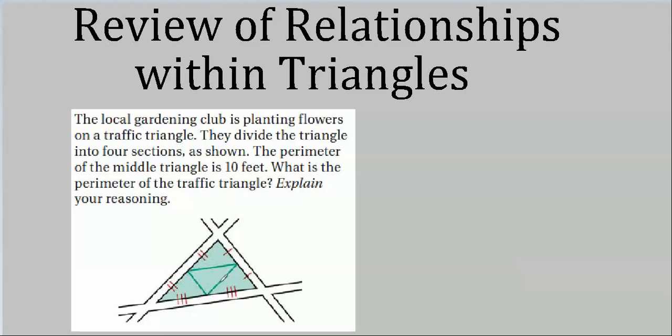This mid-segment here is half of this side, and this mid-segment is half of this side. Luckily, they didn't ask us what the lengths of the sides are, because unless they gave us more information, there's no way we could figure that out. But we know the sum, the middle triangle, is 10 feet.